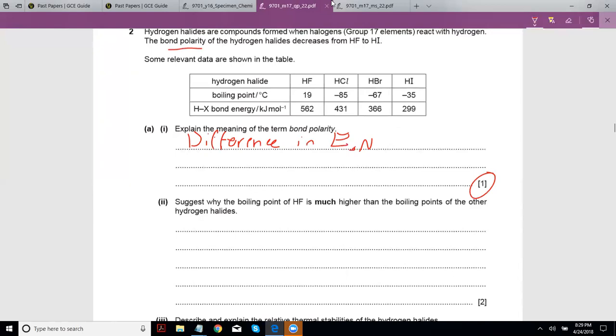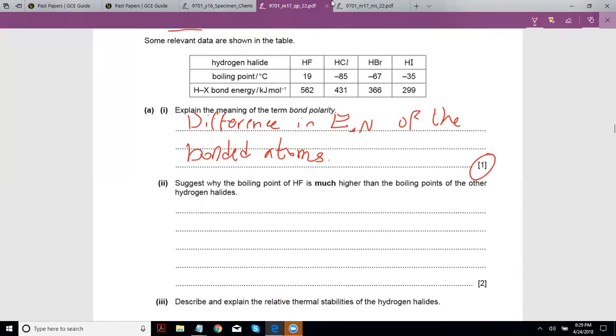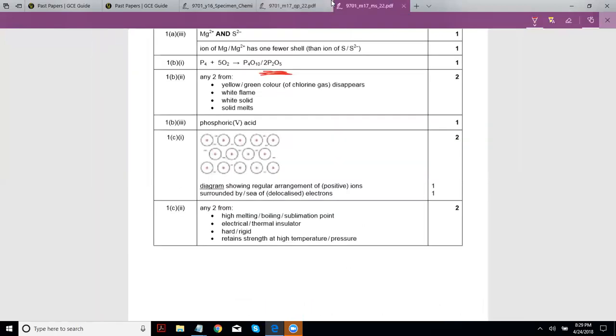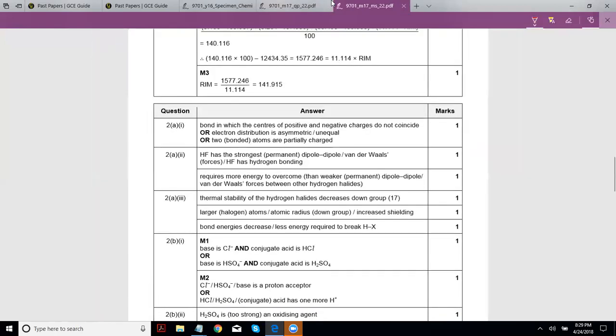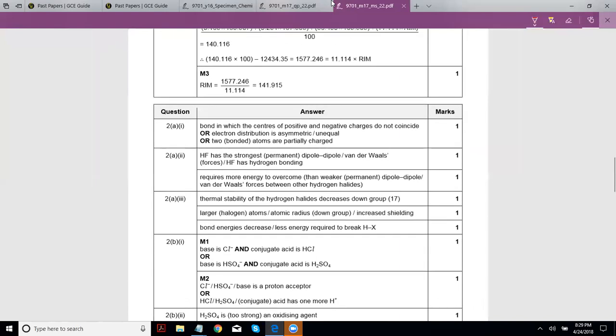One mark. I would say difference in electronegativity of the bonded atoms. That's the idea of it. I tend to explain this one step further, just to secure my mark if there is any additional detail. Yeah, but that's usually a waste of time if you're super confident about it.